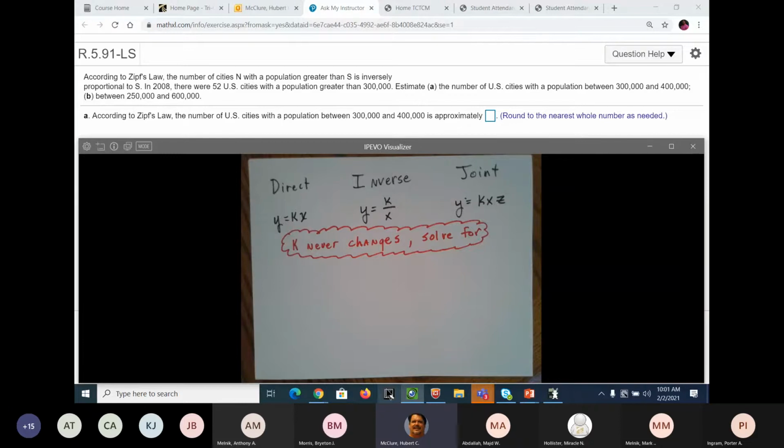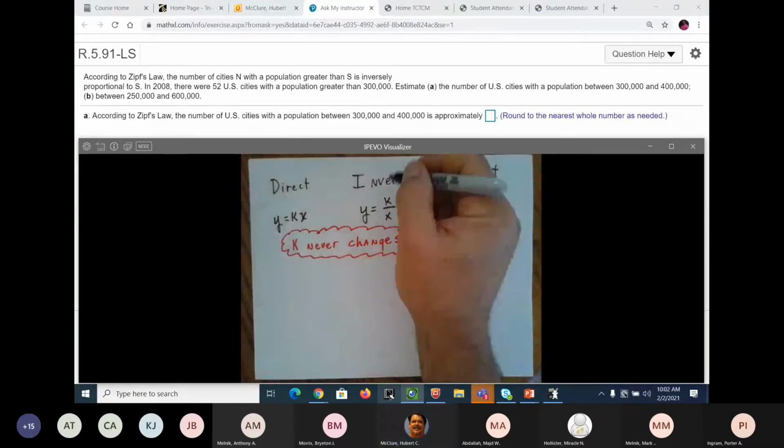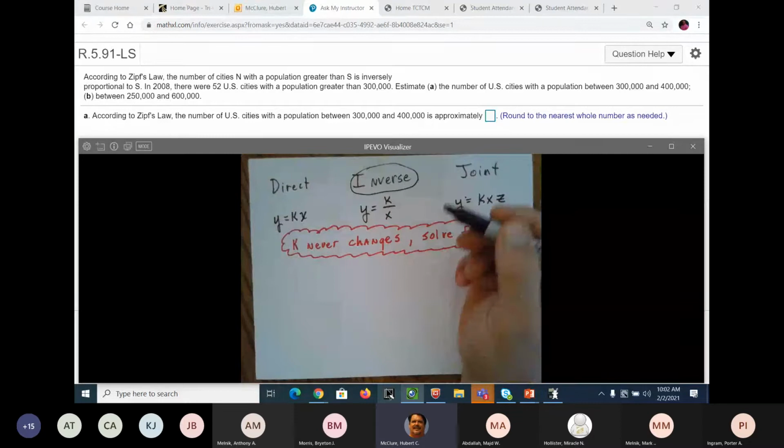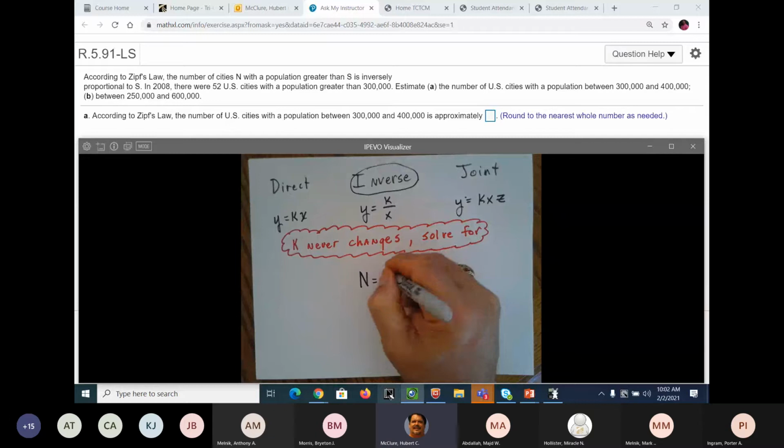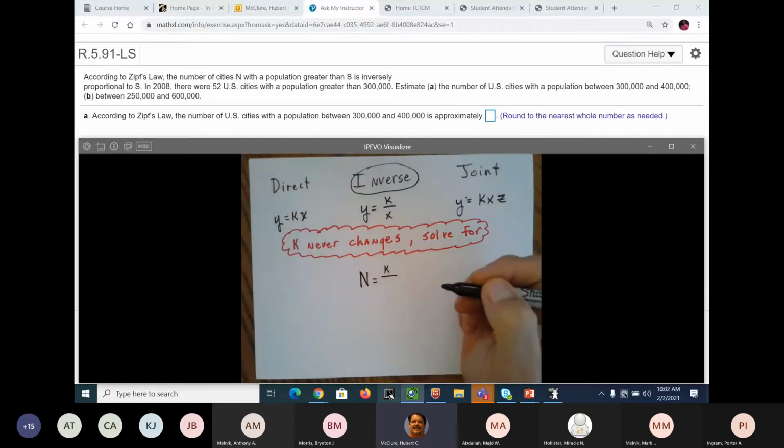All right, now, this one says the number of cities in, so I will change the y right here since it said inverse. I'm going to use inverse. N is equal to k over, what does it say? S. So there is our formula.